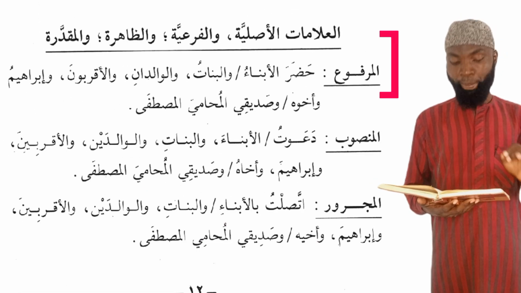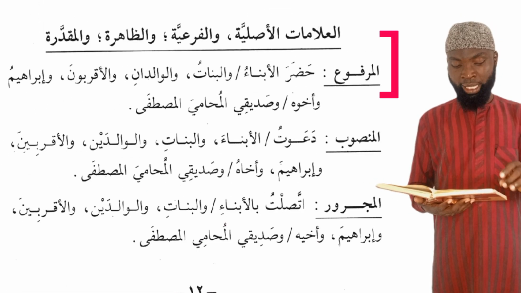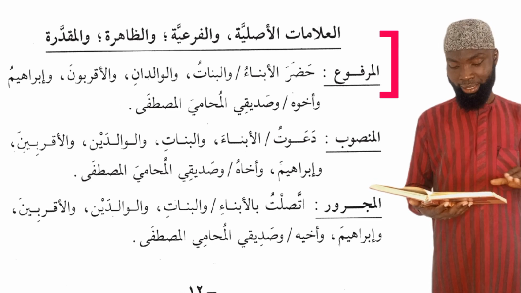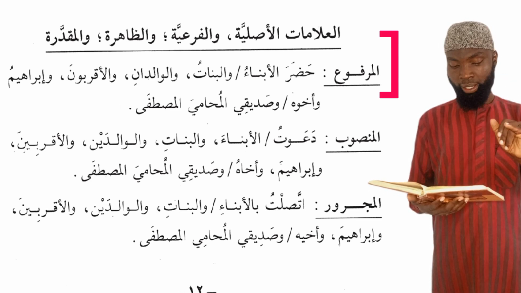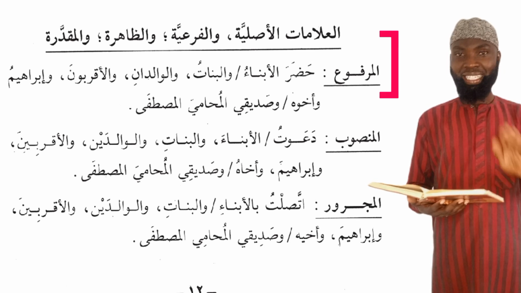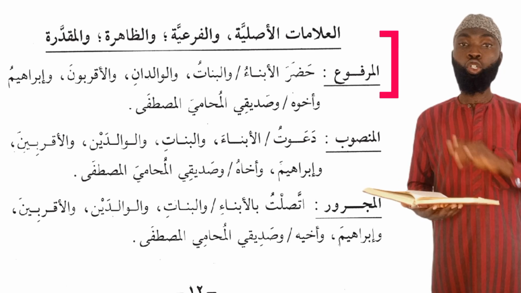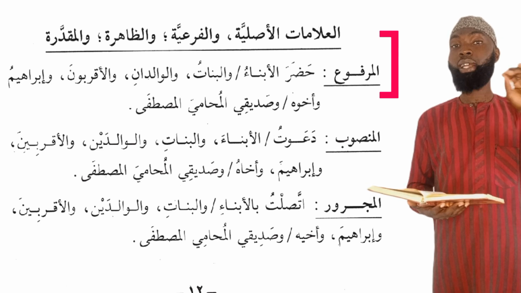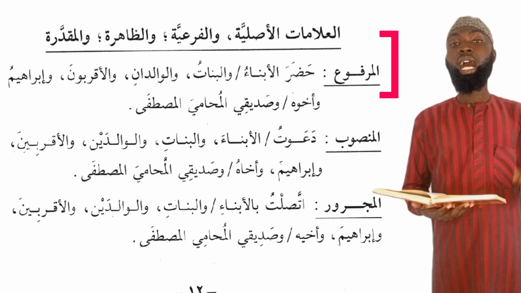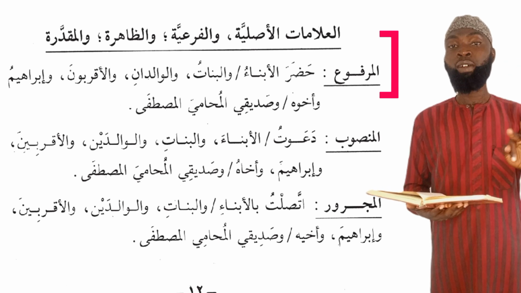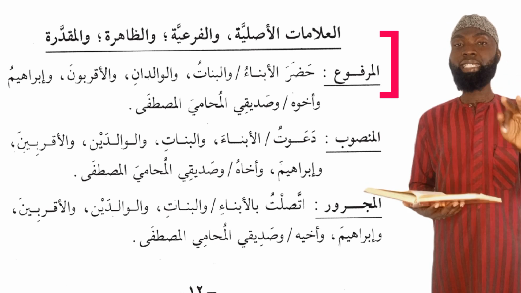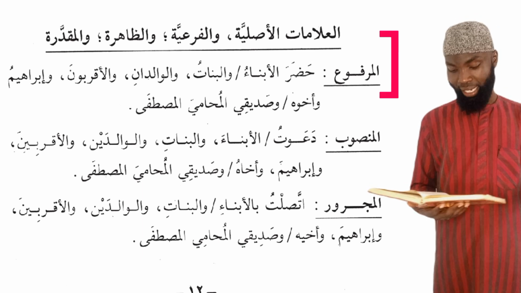Under here we have al-alamatul asliya, wal-far'iyya, wal-dhahira, wal-muqaddara. That is the signs for the primary and secondary, plain and latent i'rab. The signs that show when a noun is carrying the primary sign, and what will show when the noun is carrying the secondary sign, and how the words which have hidden signs and the words which have plain signs.